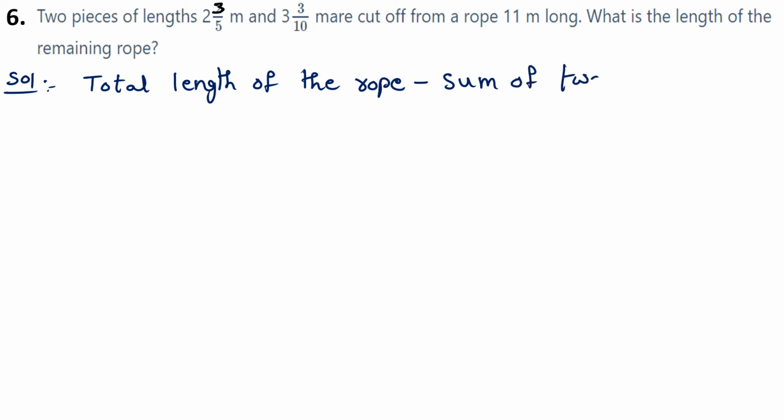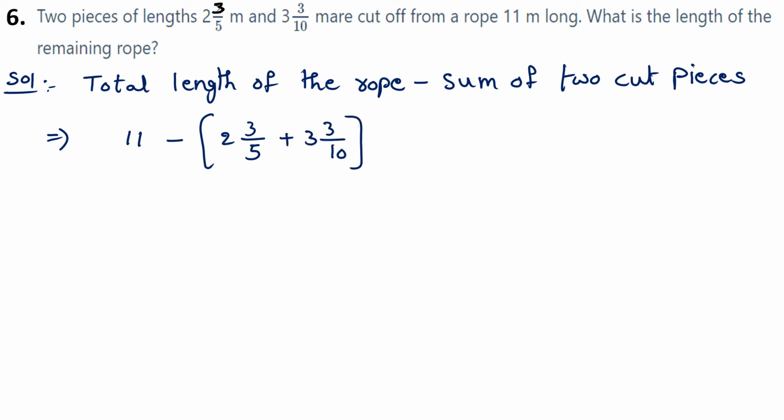So subtract here: the total length of the rope is 11 minus the sum of the two cut pieces, 2 3 by 5 plus 3 3 by 10. So let us calculate that. 11 minus, convert into improper fractions: 5 twos are 10 plus 3, that is 13 by 5, plus 10 threes are 30 plus 3, 33 by 10.